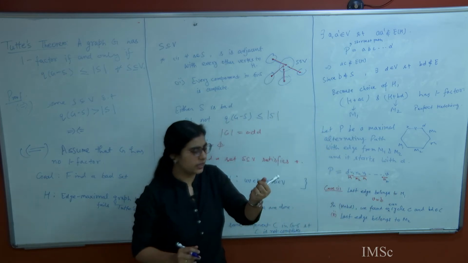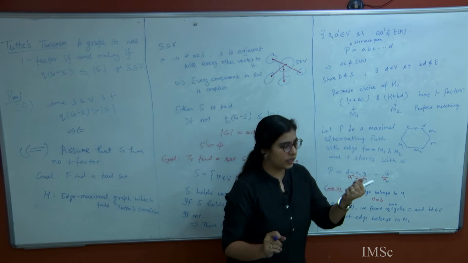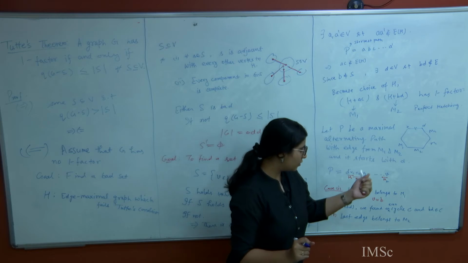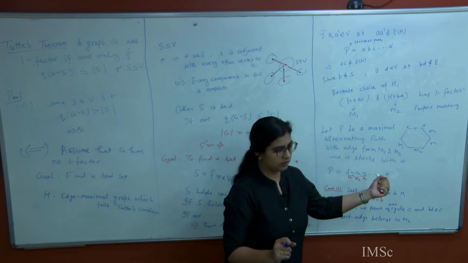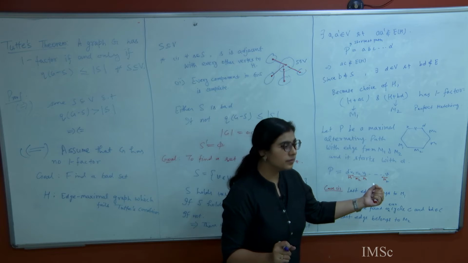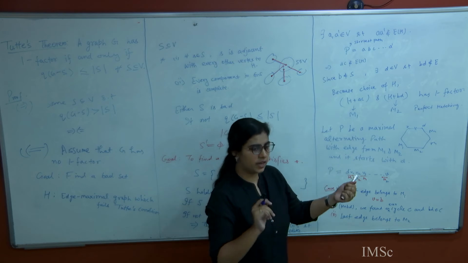It means that V is not M1 saturated. If V is not M1 saturated, then what is the choice of V? A or C, right? Because M1 saturates everybody else except A and C.